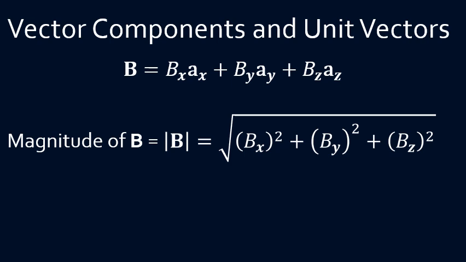Dinagdagan natin tatlo. So yung magnitude ng b, ang magiging symbol natin is yung parang absolute value. So the magnitude of b equals the square root of bx squared plus by squared plus bz squared. Where bx, by, bz is yung mga scalar components ni vector b or yung mga katabi ng unit vectors natin ax, ay, and az.